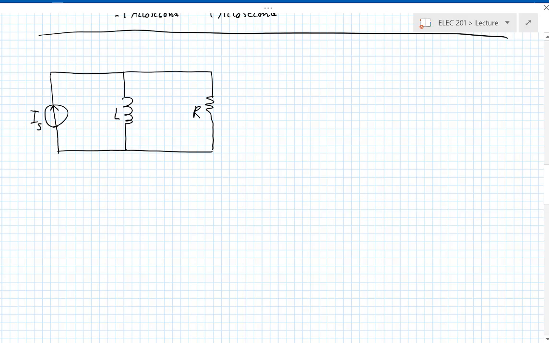It was KCL that forced all that current to go through the inductor, but my KCL has changed now. KCL in this case is IS. There is still that I and the same V. But here I have I sub R. So KCL is IS minus I sub R being equal to 0.